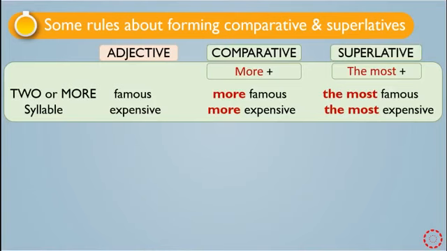Famous has two syllables. Expensive has three syllables. We make the comparative form by adding more before these adjectives. We say more famous and more expensive. And for the superlative form, we add the most before these adjectives. We say the most famous and the most expensive.